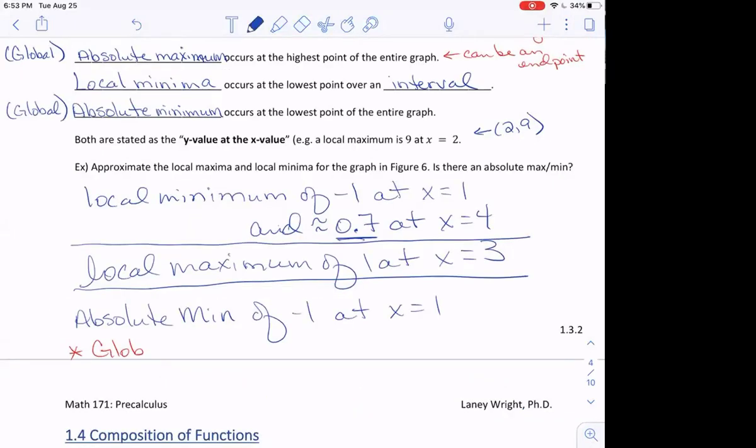You might see the word global, absolute, or you may see the word extreme or extrema. All of these are saying find the highest or lowest of the entire graph.